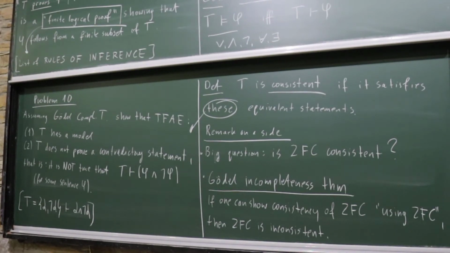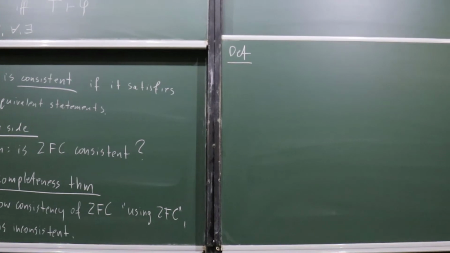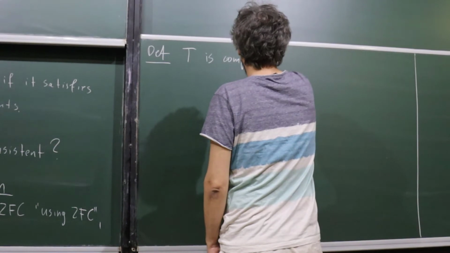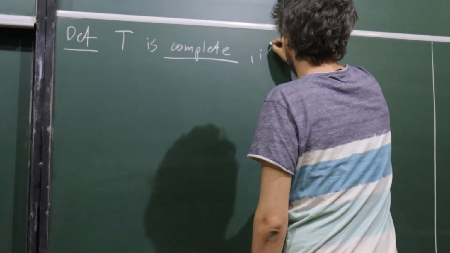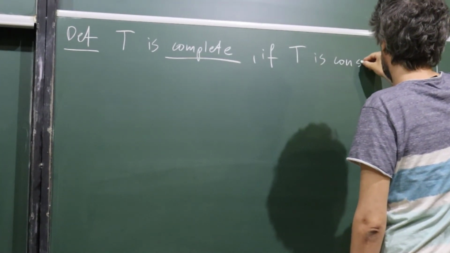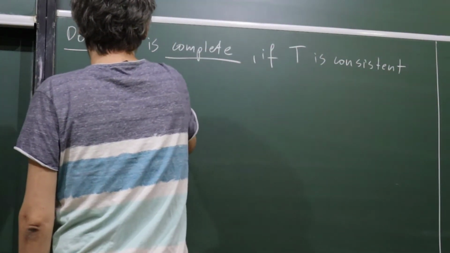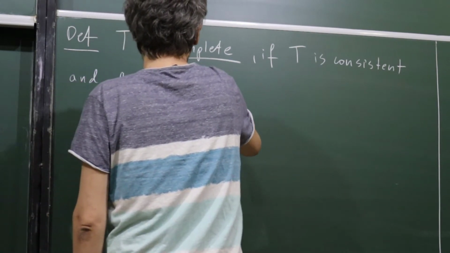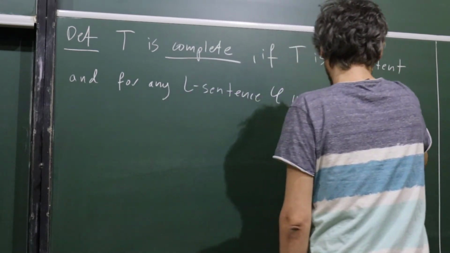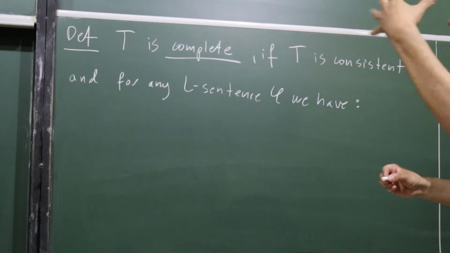So some more general definitions which now will be useful for us. Definition: T is complete. A theory is complete if it is consistent, and for any L sentence phi, not necessarily that it must be here or its negation, but it is logically implied.